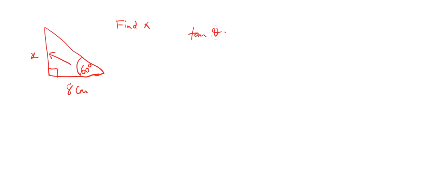So tan theta is equal to opposite over adjacent. So tan 60 degrees is equal to opposite, which is what we don't know, which is x, over 8.